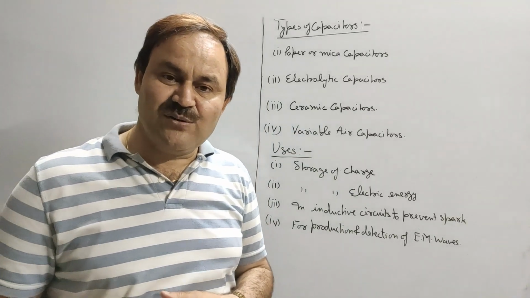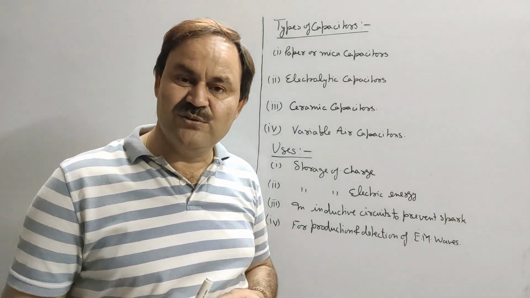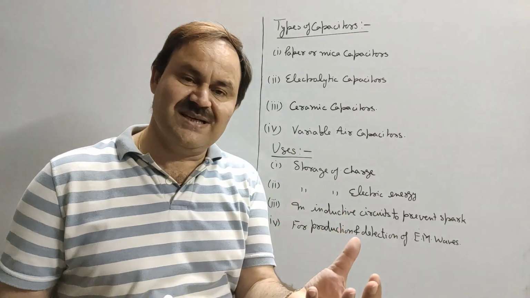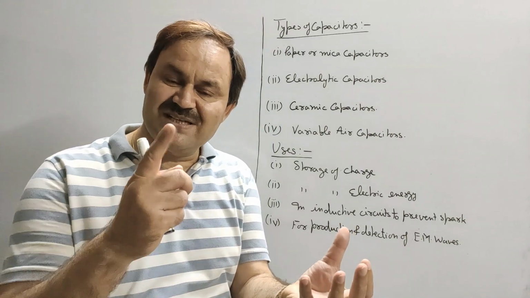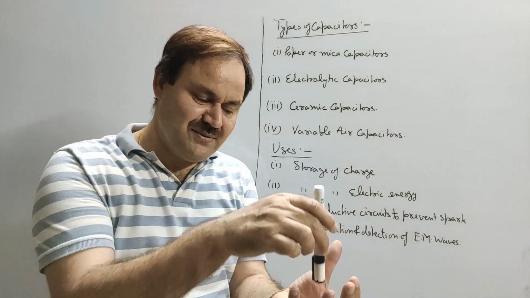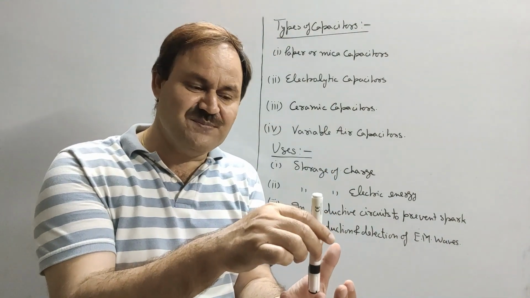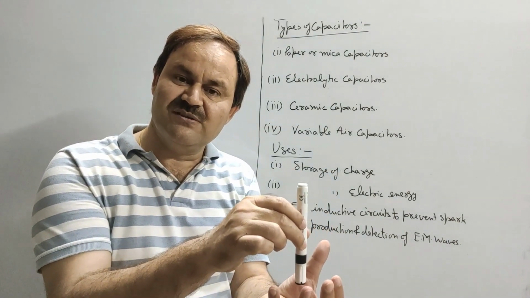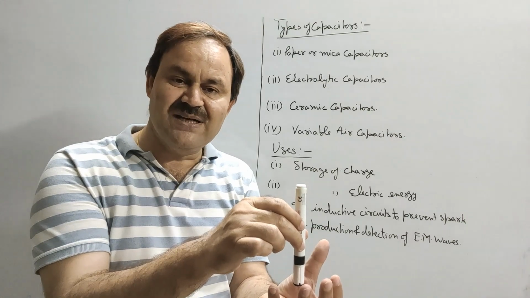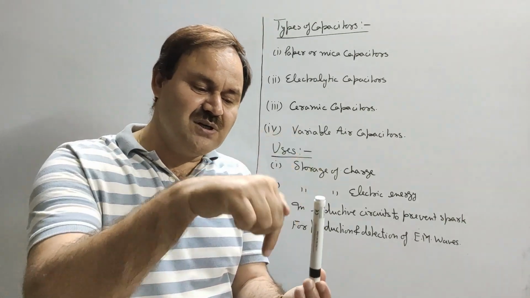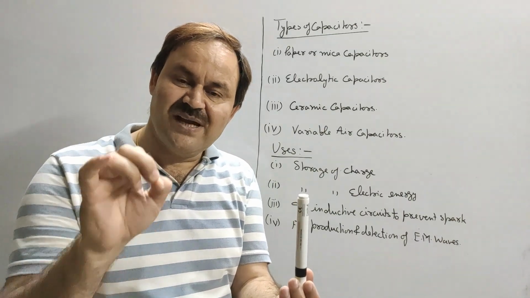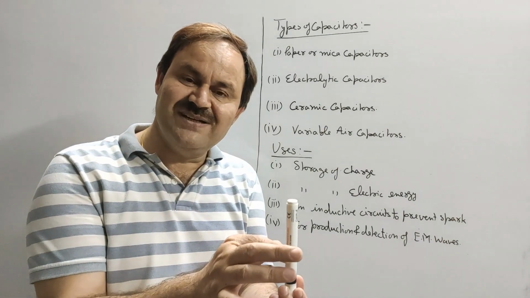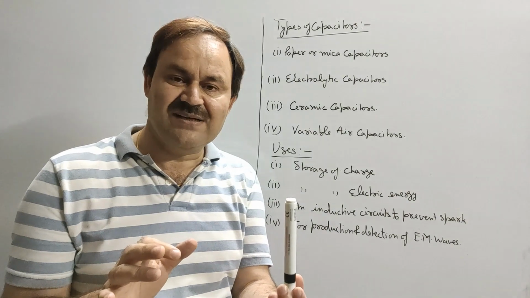Also, next, electrolytic capacitors. Already I told you, in electrolytic capacitors an aluminium vessel is used as one plate, and in between the vessel is placed an aluminium rod that serves as the second plate, and this rod is coated with aluminium oxide, and that aluminium oxide serves as dielectric.